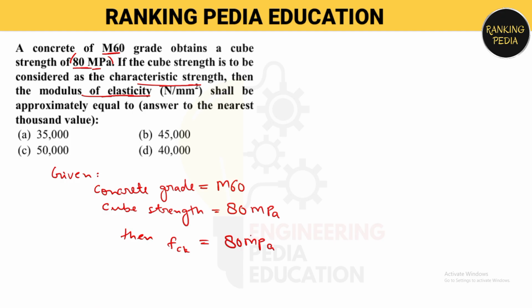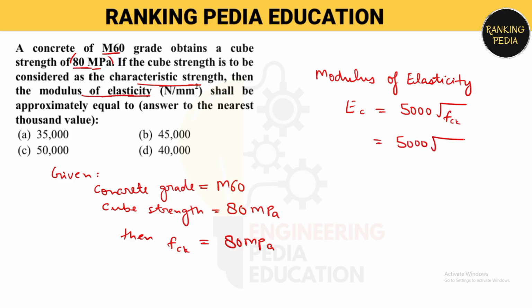Now what we have to calculate? We have to find out the value of modulus of elasticity. So we have to calculate modulus of elasticity, which is Ec equals 5000 under root fck, here 5000 whole under root, fck value is 80 MPa. So 5000 root 80.